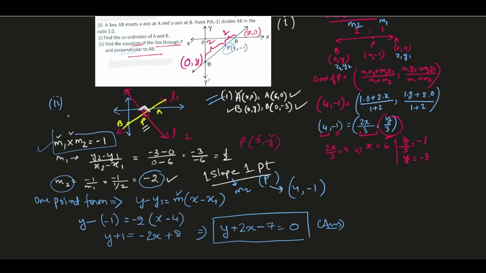Then we substituted in this equation. After that we have one slope and one point. So by the one point form, we substituted the values and finally got our equation. This question is very important for exam purposes.